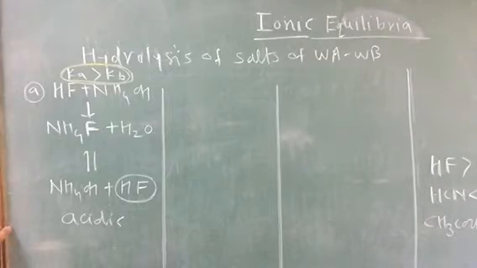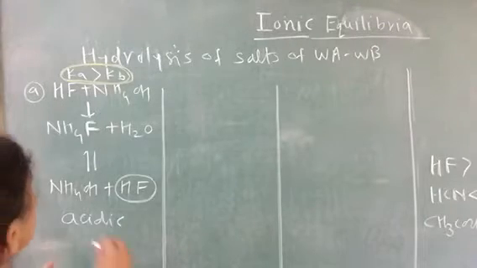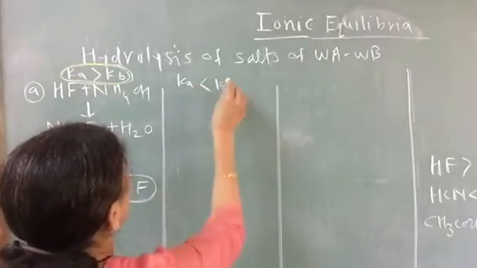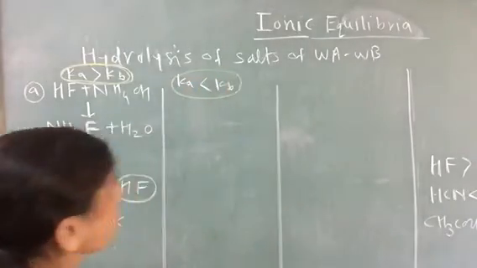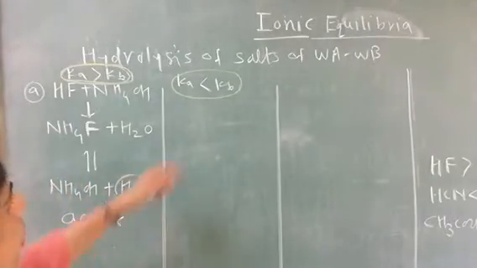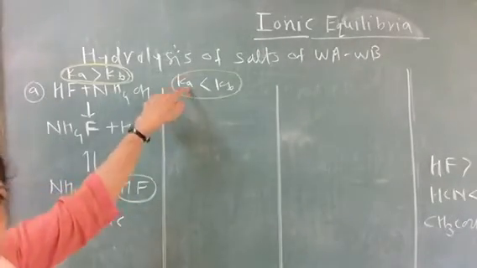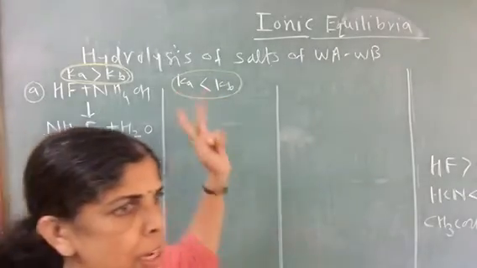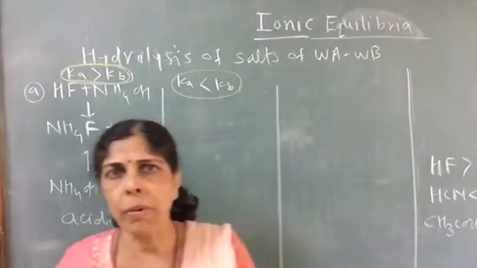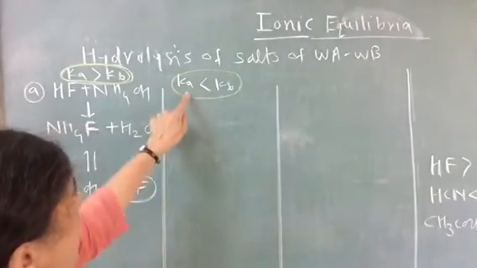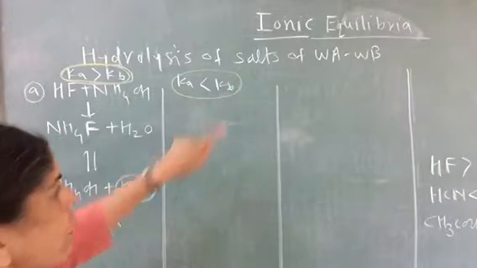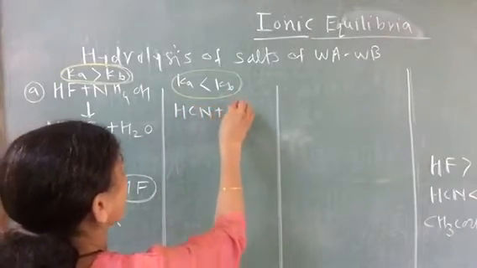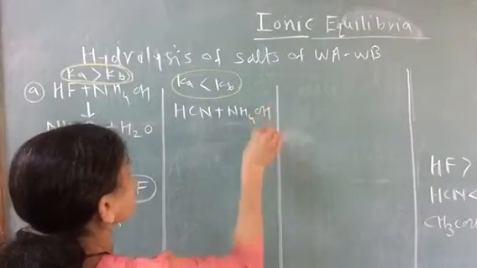If you go to another type in which Ka is less than Kb, the acid involved is weak, and the base involved is also weak. But if you compare the acidity and basicity, the acid is weaker than the base. For example, acid HCN, hydrocyanic acid, and base NH4OH, ammonium hydroxide, both are weak.